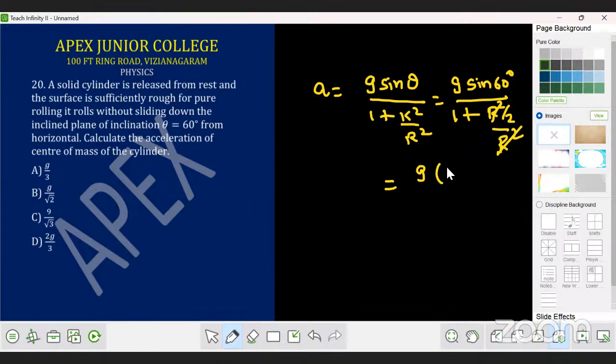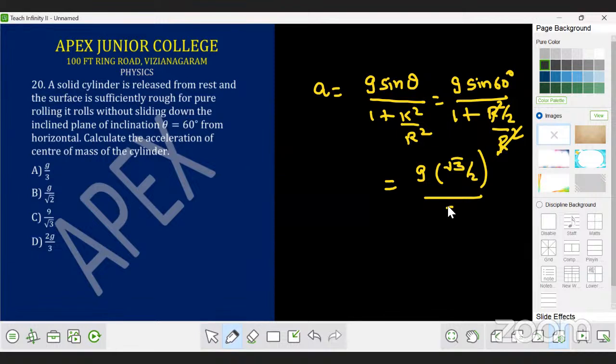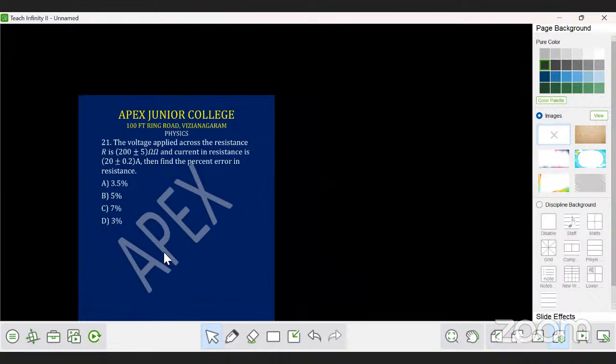So g into sin 60 will be root 3 by 2. This will be 3 by 2. 2 and 2 will get cancelled. Then finally you will have only g by root 3. The answer will be the third option. This is also based on a direct formula. It is g by root 3. And question number 21.